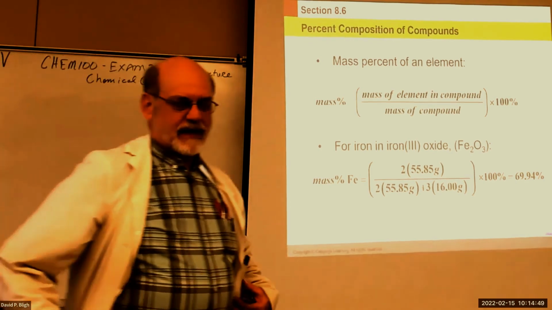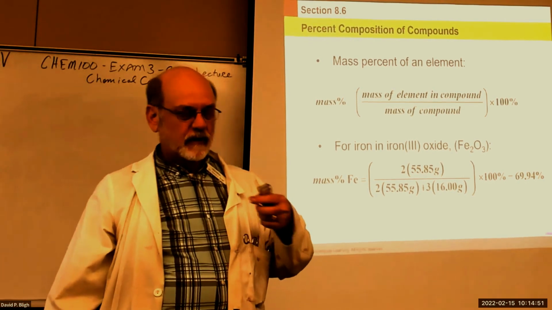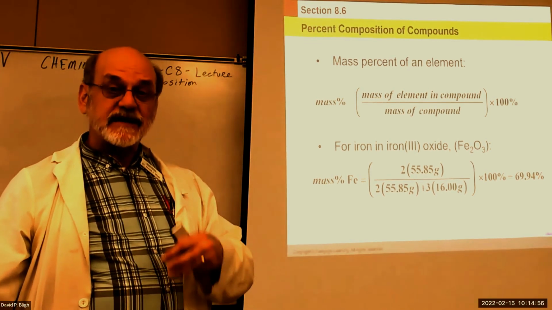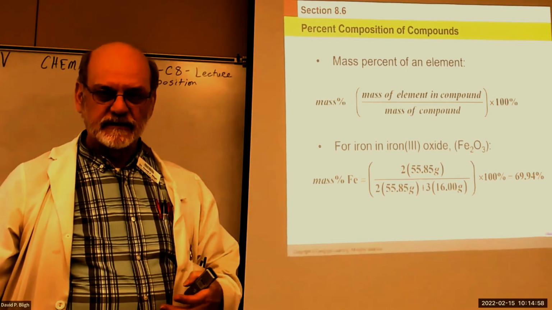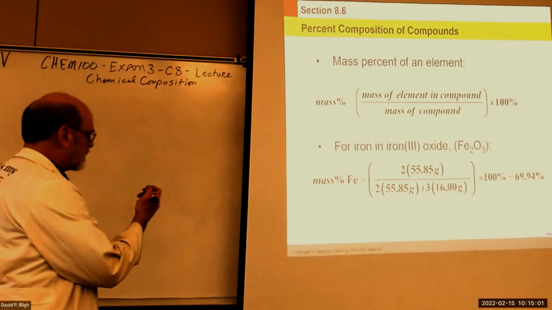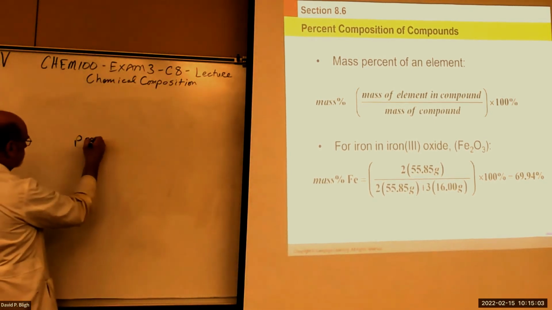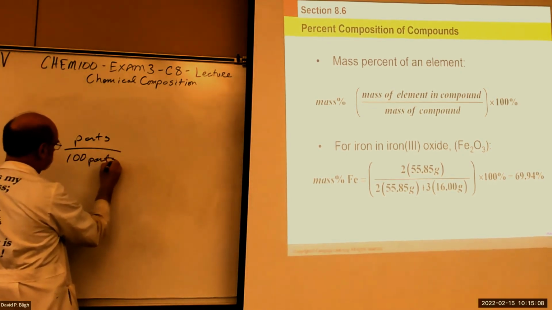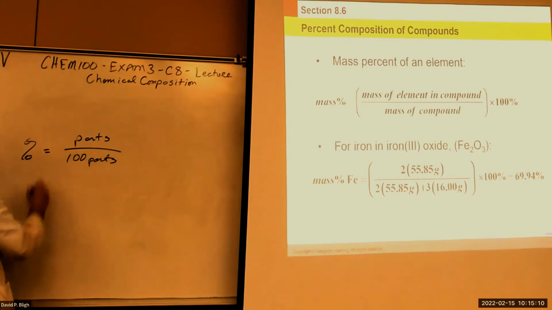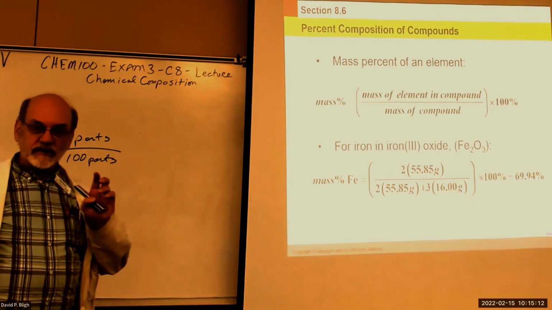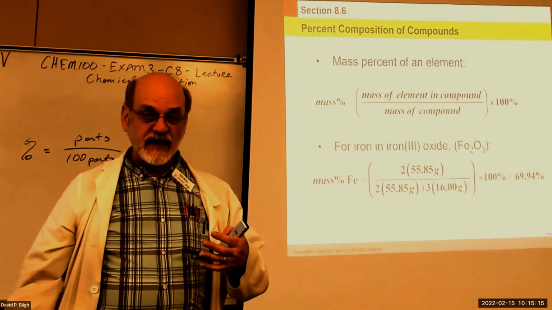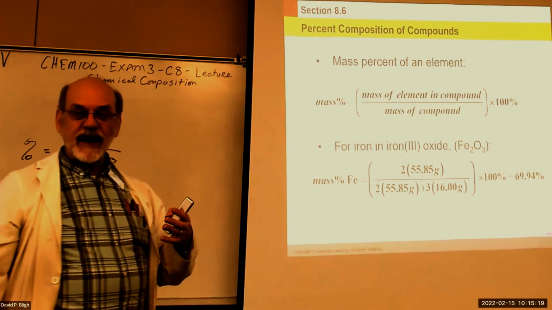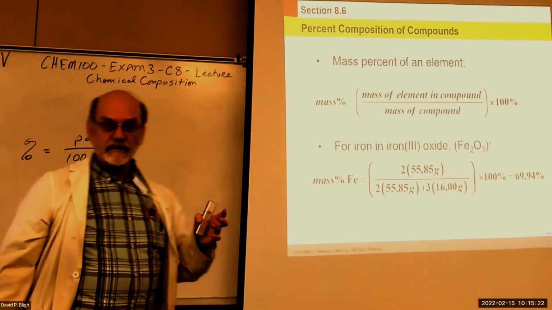Okay, so 69.94% of that compound is iron. Now, remember, I'm pretty sure I said this early on, but I'll repeat it. When we're talking about percent of anything, percent is a dimensionless number. It just means parts per 100 parts. That's percent. So it's important, when you're given information or when you're asked to calculate something, that you specify what the parts mean.